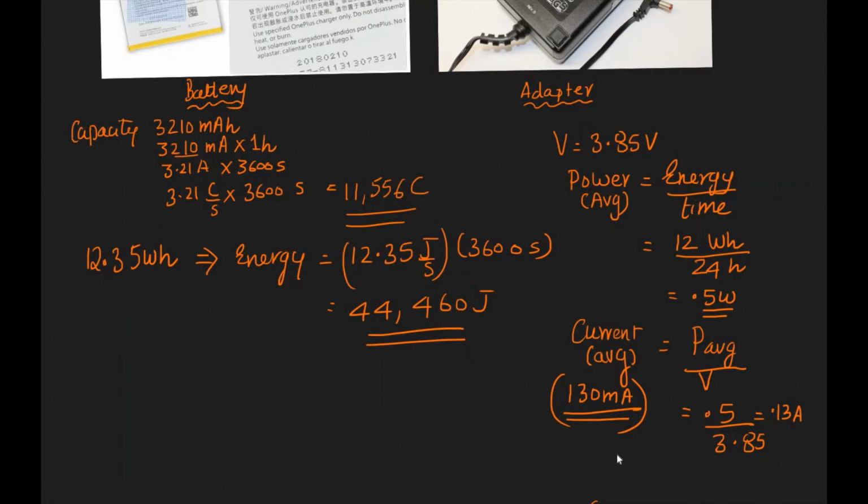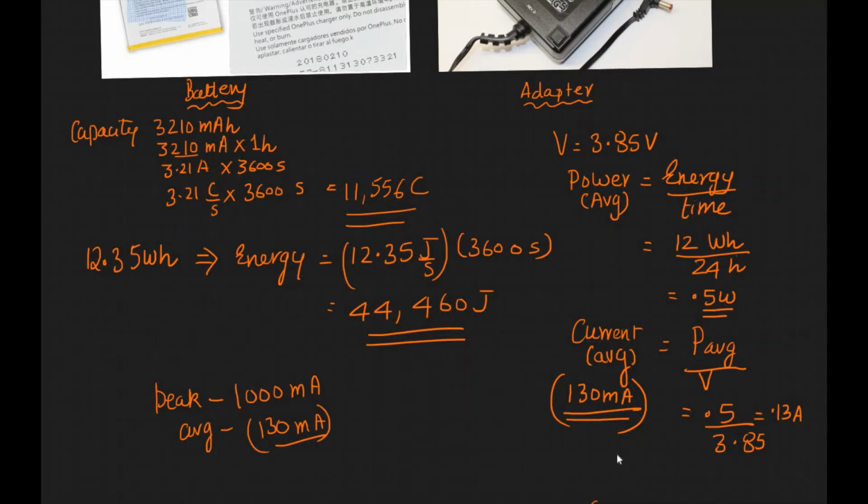Now all batteries have an ability to deliver some peak value of current. Let's say the peak current the battery can deliver is 1000 milliamperes, but on an average you're using about 130 milliamperes.